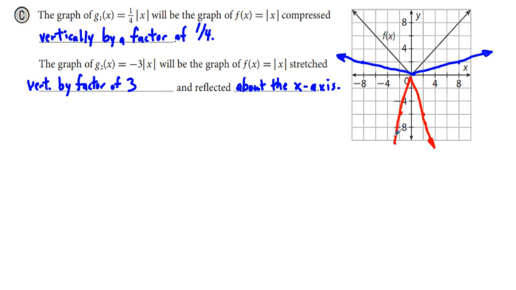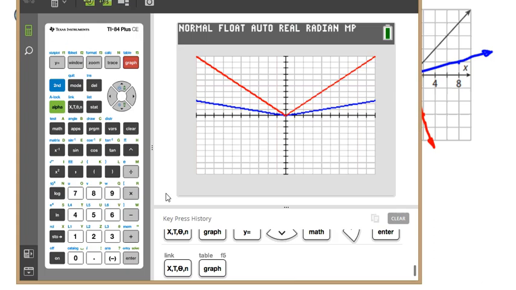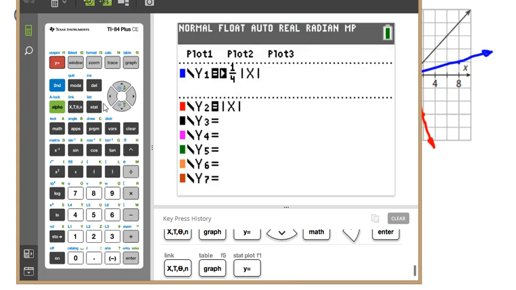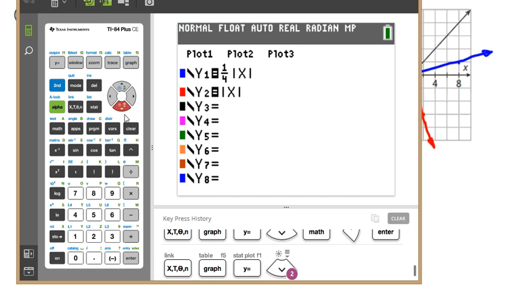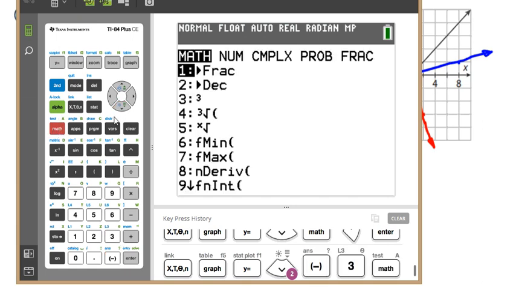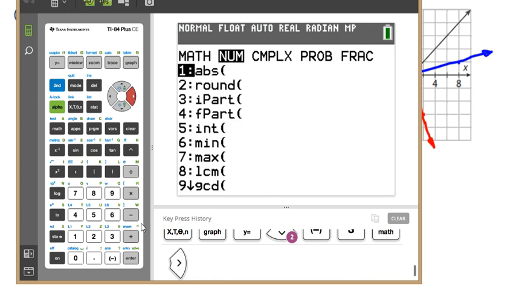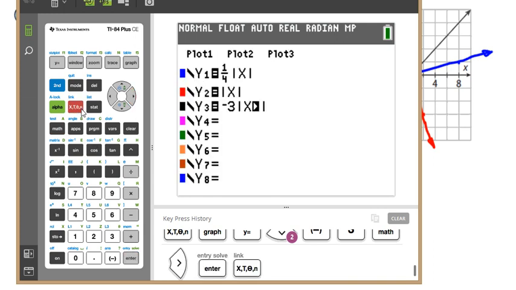Freehand like this. Okay, and then if we go to the calculator, we can take a look at that too. We could say -3 absolute value of x. In black we should see it this time.